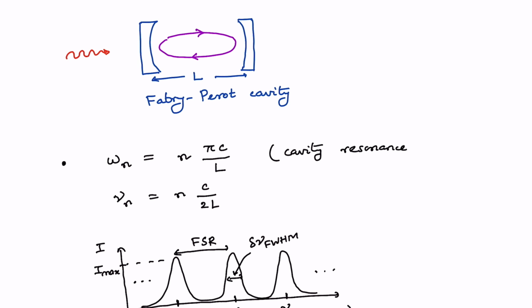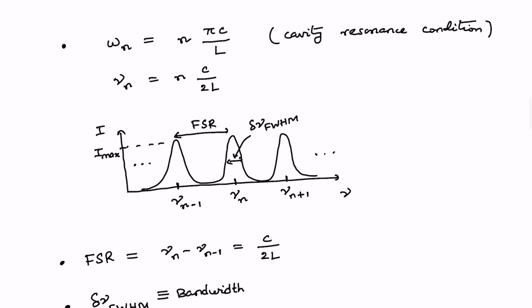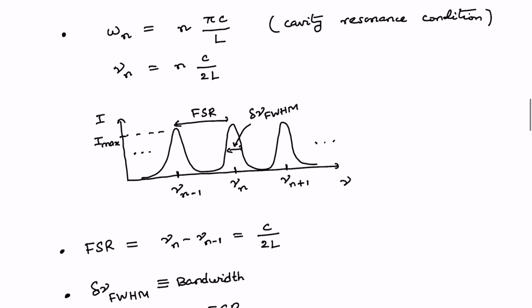Because of this, there is a typical intensity spectrum with respect to frequency, and whenever this resonance condition is satisfied, the cavity is filled up with light. At the resonance frequency, the spectrum has some width, and this width is called the full width at half maximum, delta nu FWHM, which is also called the bandwidth.